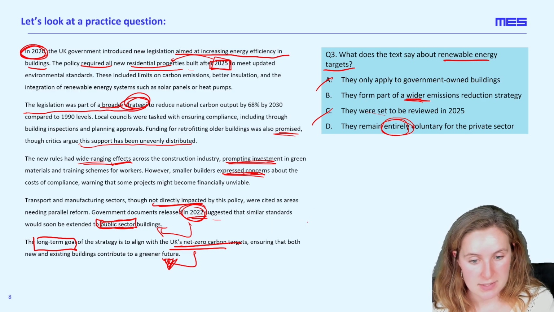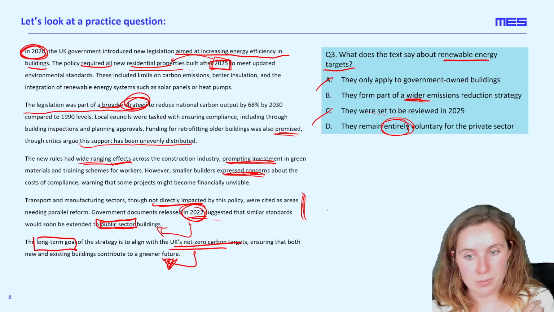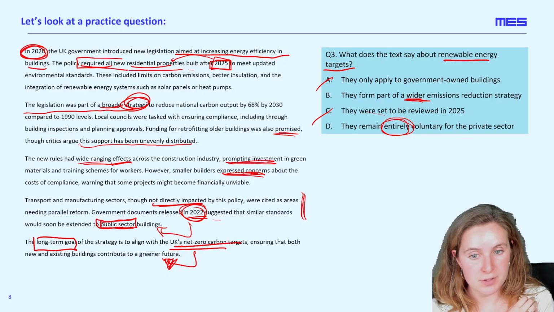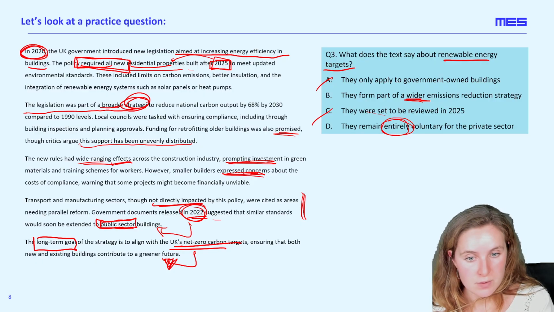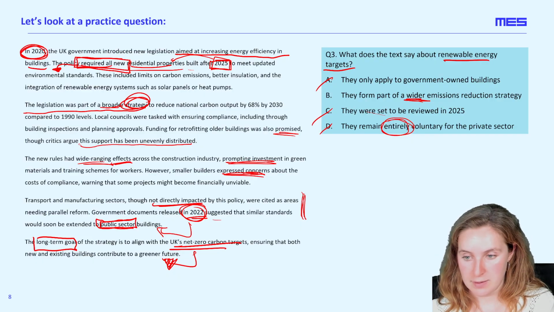Rather, they suggest that these areas here are areas that need reform, like the new residential properties, and that, for example, even if we go back to this first paragraph, all new buildings are required to meet these updated standards. So that sounds like it is not voluntary, and that the companies will be forced to do them, forced to comply with the regulation. So that does not sound right, and we are left with B.